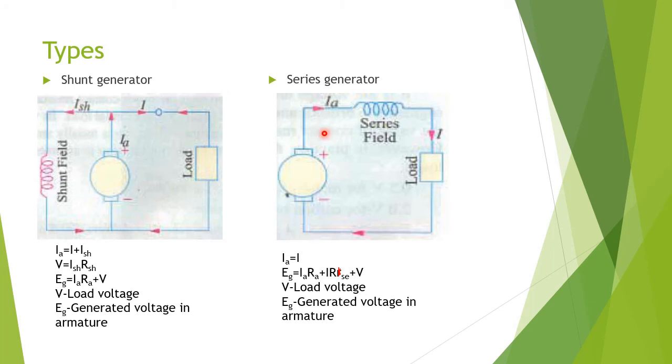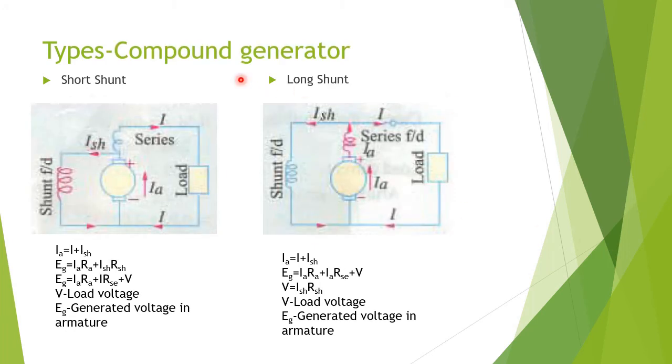EG is equal to the drop IARA plus the drop in the series field winding, I into RSC, plus the load voltage V. And now let us move on to the compound generator.